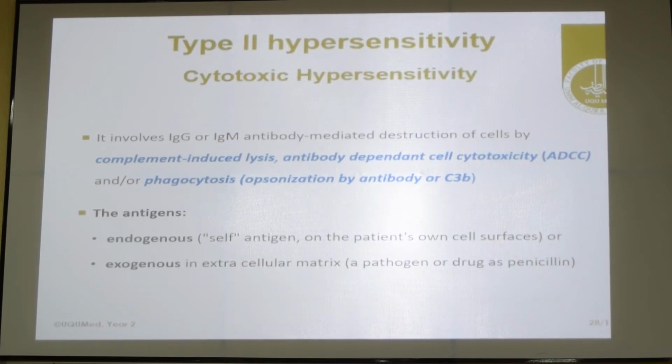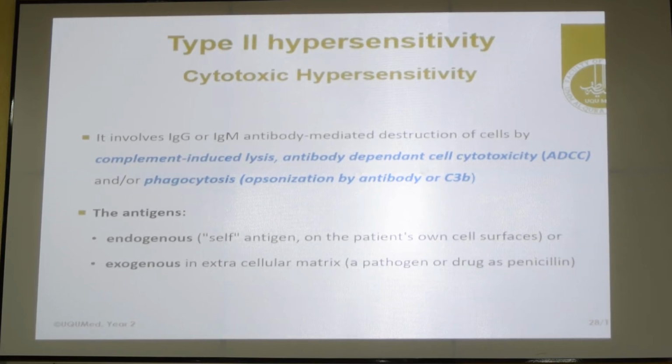Now we'll see what kind of damage can take place and how. Let's say IgG or IgM has bound to the surface of a red blood cell or any other organ cell. It will either induce complement-mediated lysis, antibody-dependent cell-mediated cytotoxicity, ADCC. Which cell is going to cause this?